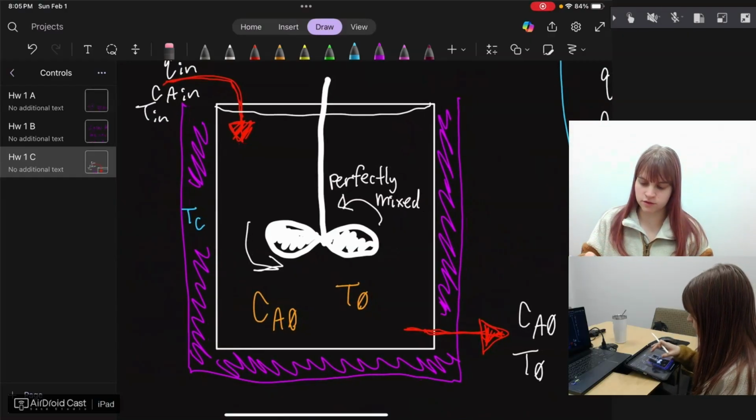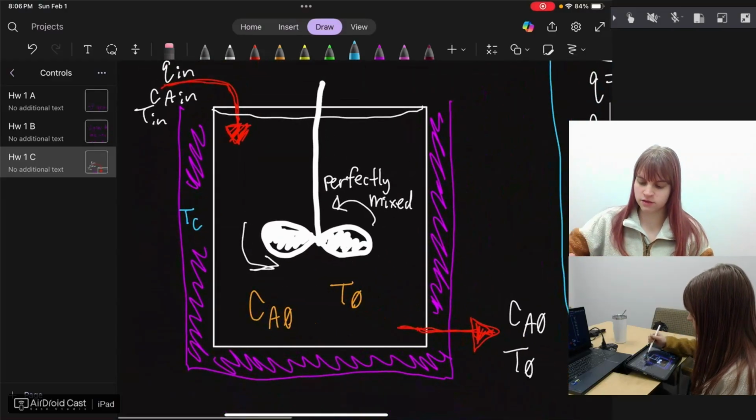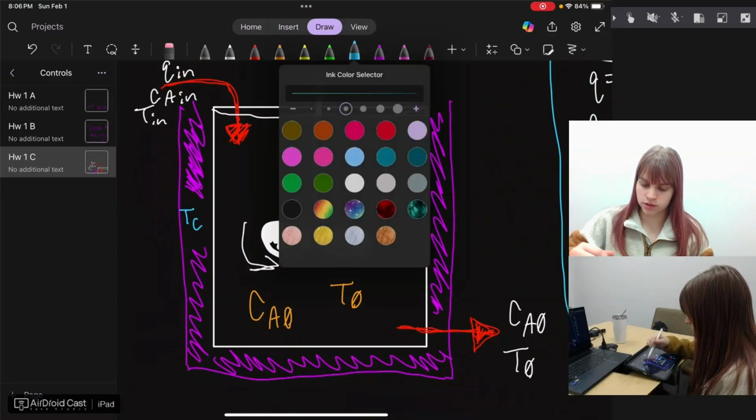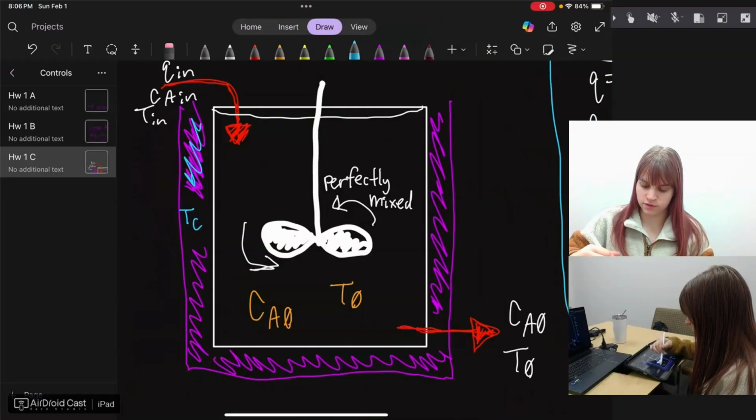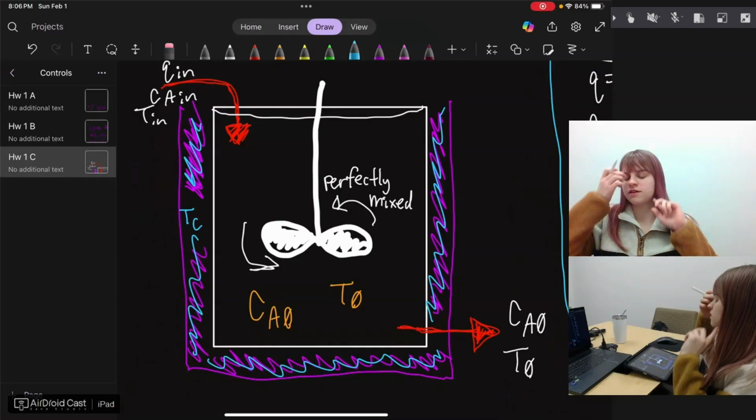So we have this losing energy to the surroundings. We have coolant inside this jacket, and we are cooling it down because it is exothermic.